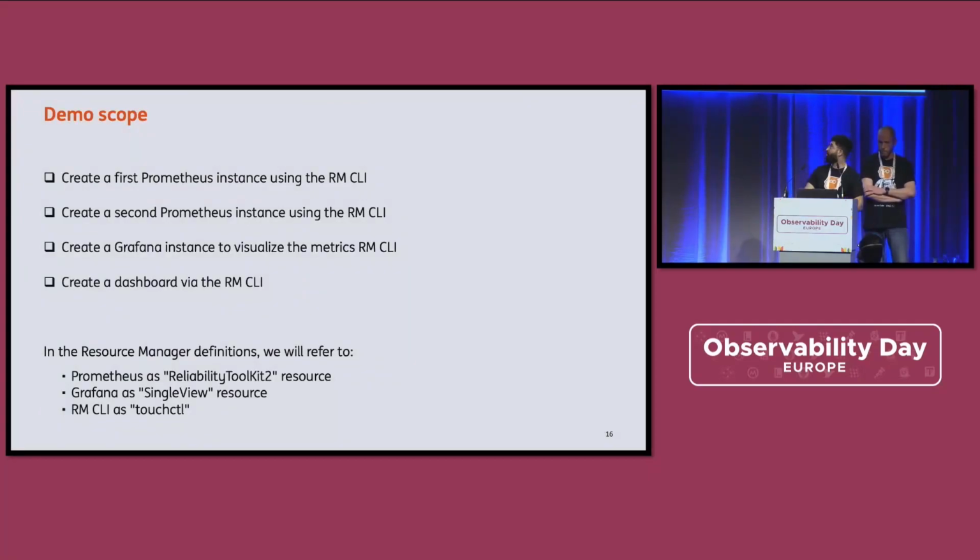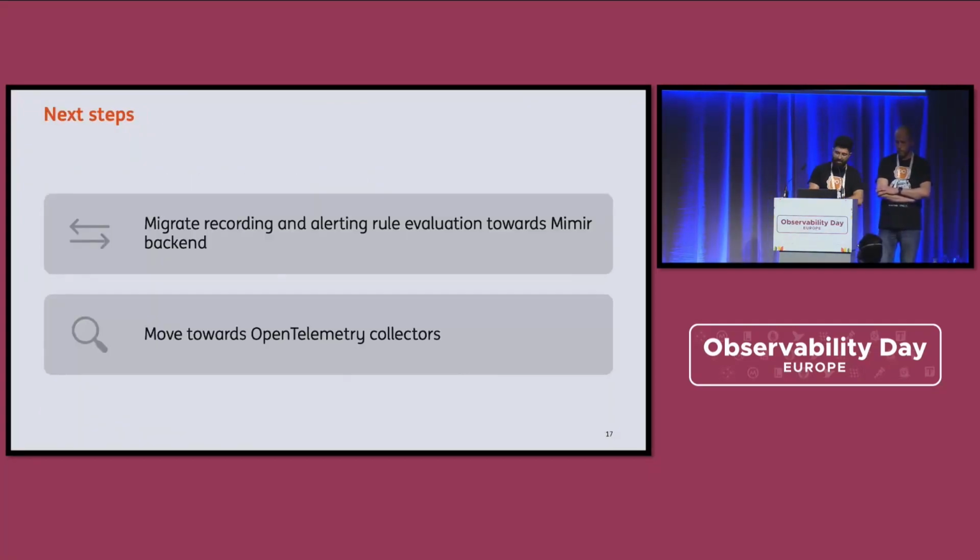So, next steps. For the coming future, short term, what we would like to do is to migrate all our recording rules and alerting to Mimir. For that, we are waiting to have the possibility to actually run Mimir on microservices. At the moment, as Arijan explained, we are running it on VMs with the monolith approach.